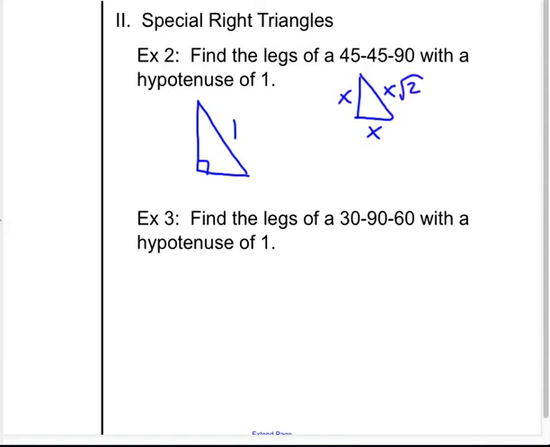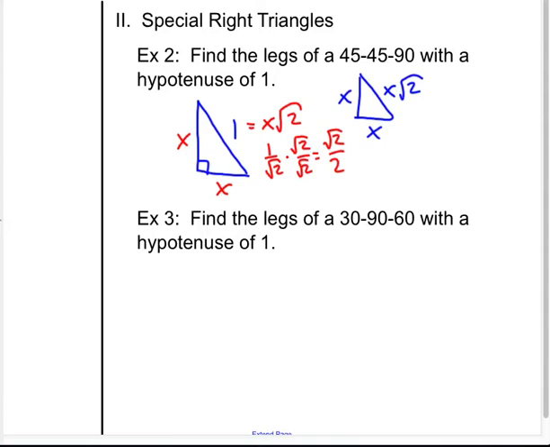So I'm going to set my 1 equal to x times the square root of 2 to solve for the length of my 2 legs. So dividing both sides by the square root of 2 and then rationalizing, I get the square root of 2 over 2 is the length of each leg.